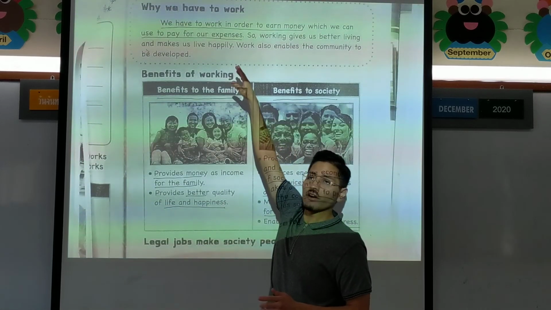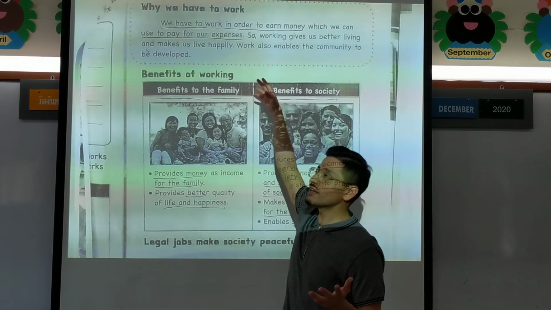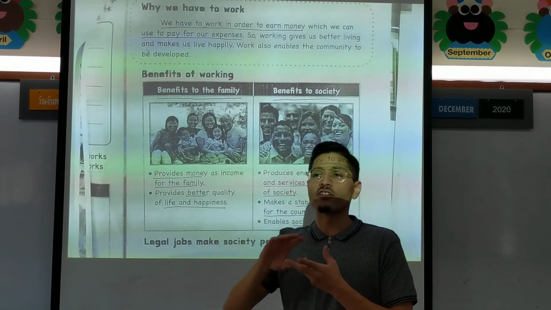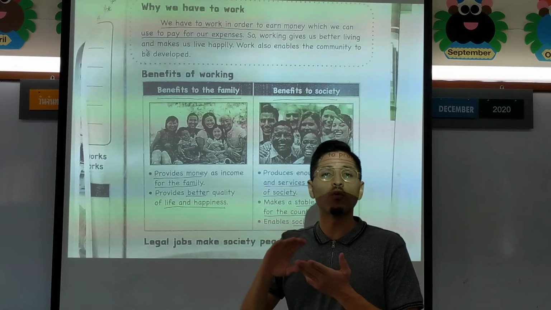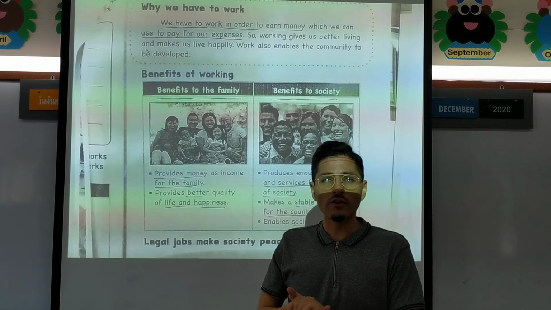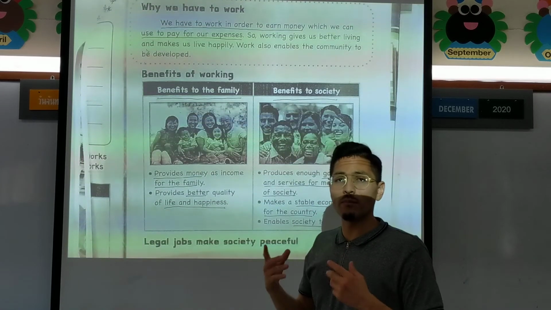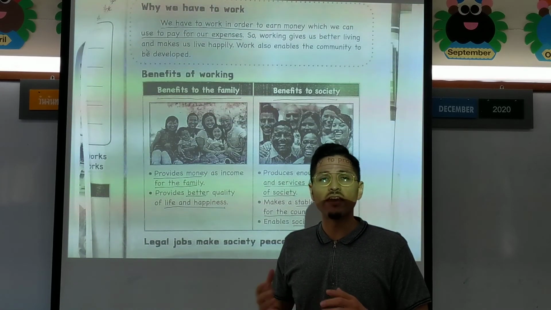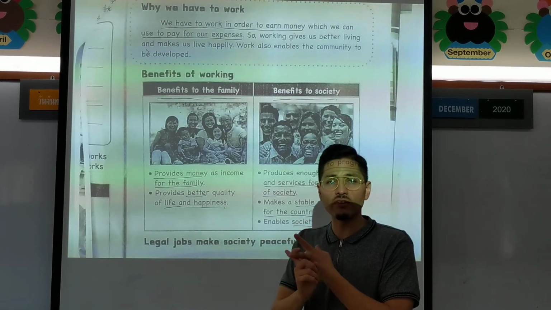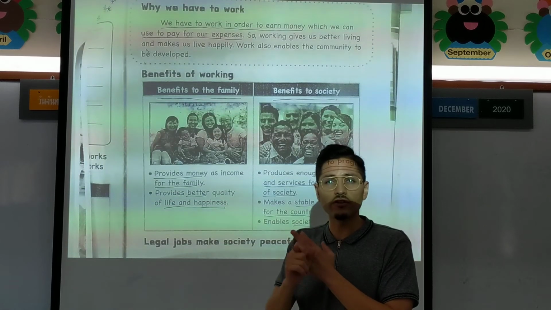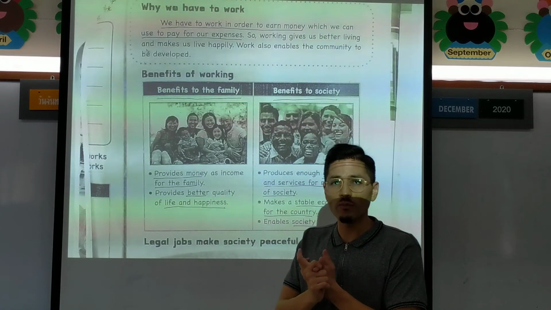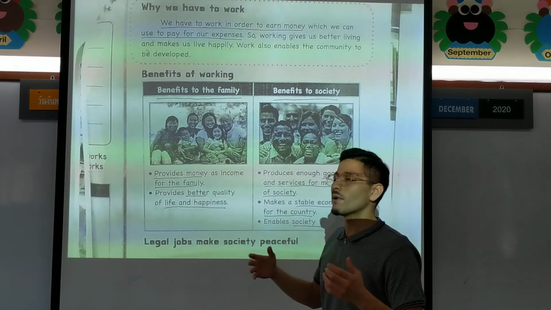We have to work in order to earn money so we can pay for our goods, our services, or we can pay for the water and electricity at home, pay for food. Okay, so you have to work to earn money. Your mom, your dad, they work to earn money. So you can have a house, so you can have a TV, so you can have a computer, so you can have food, water, electric to use at the home. So we have to work for money.